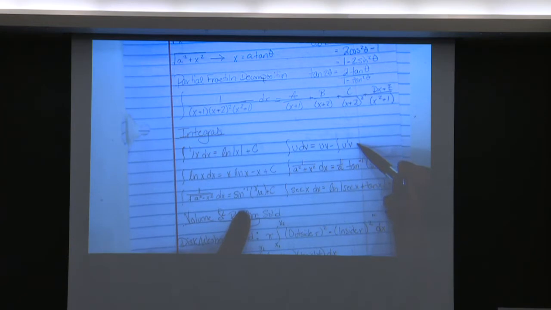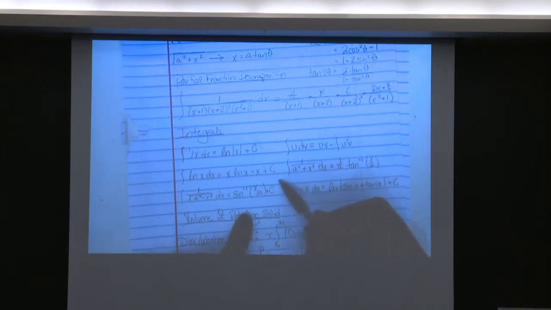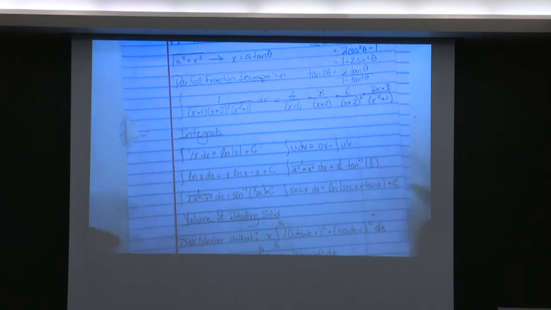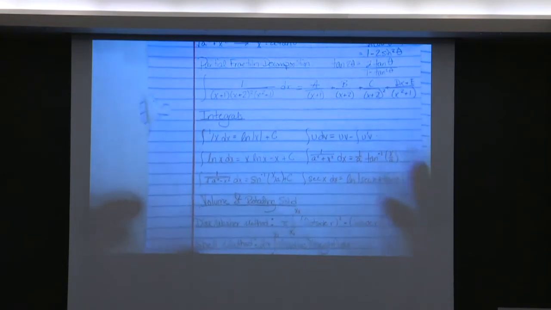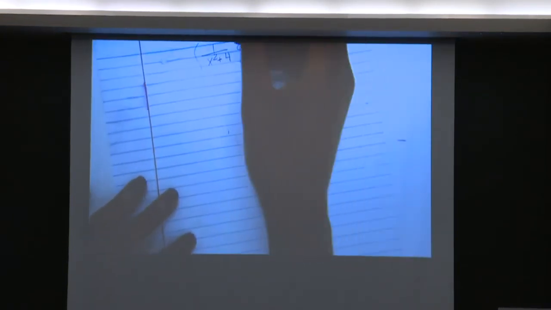So if you get these and you're like, I don't know how to derive this, these are ones that you should really already know, as well as your secant x, but we'll get there later. Okay? So this one is pretty easy.